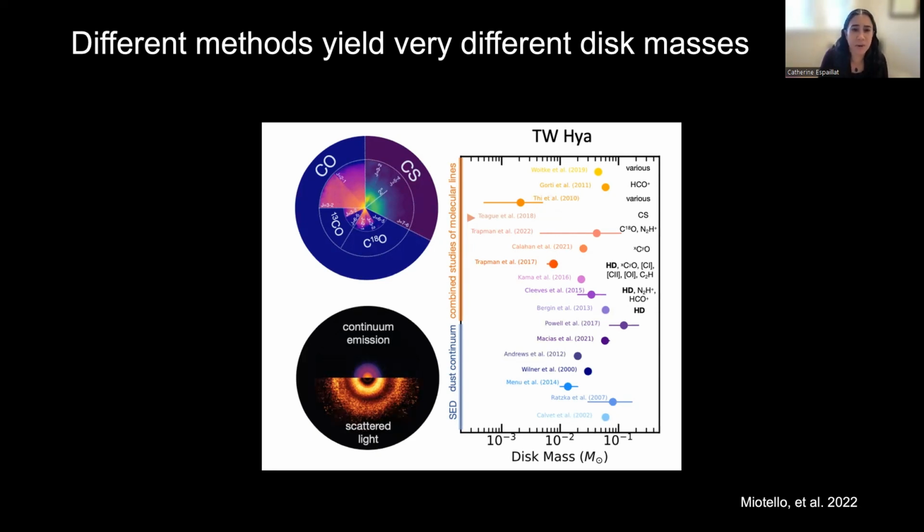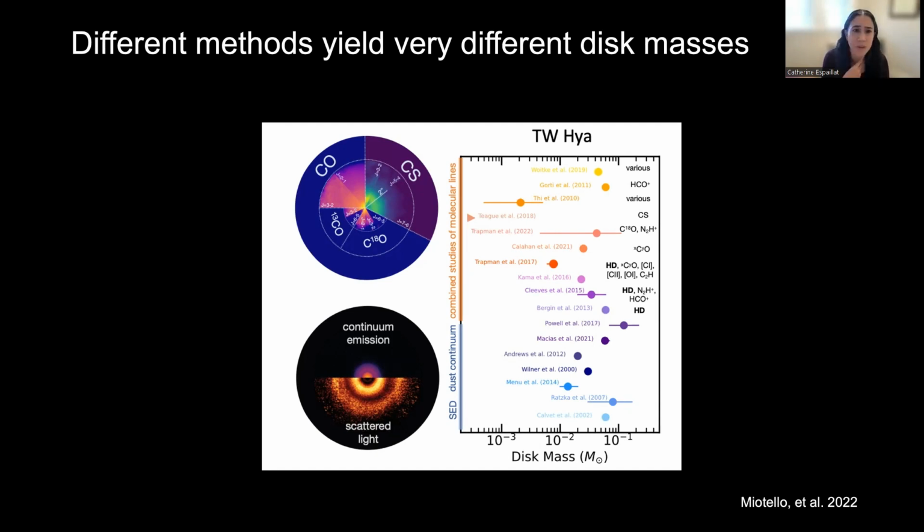This is TW Hydra, the closest protoplanetary disk, the best studied protoplanetary disk. An overview of the observations that have been gathered for TW Hydra is on the left, but what I want to focus on is the plot on the right, which are disk masses that have been measured for TW Hydra, one disk, with all of these different observations.